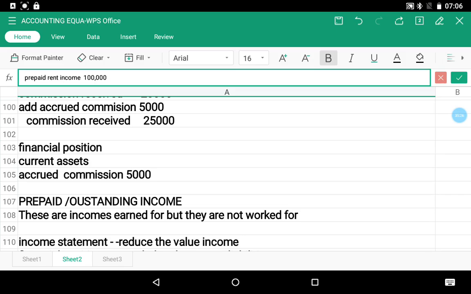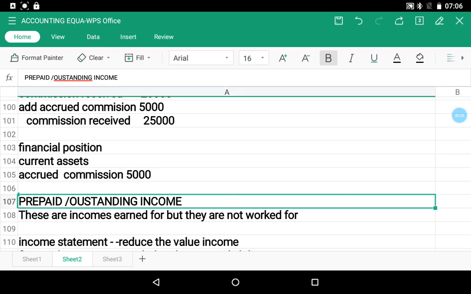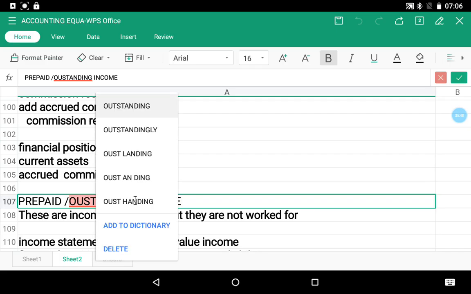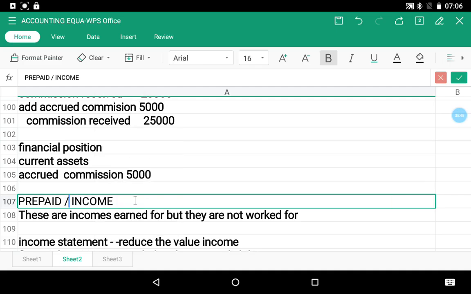So that's how you treat some of the end of year adjustments.